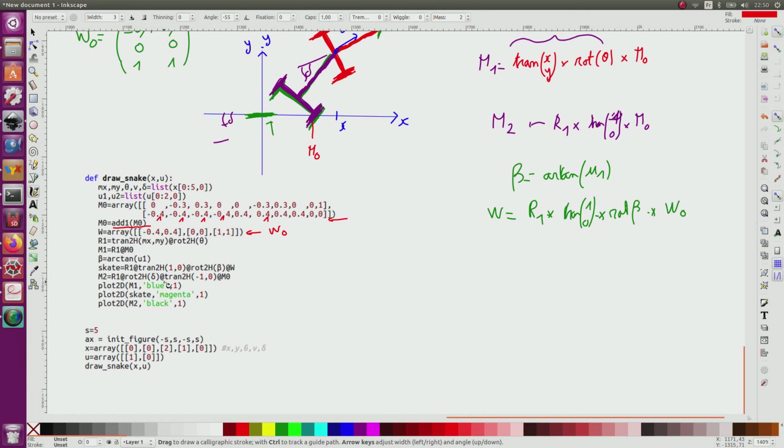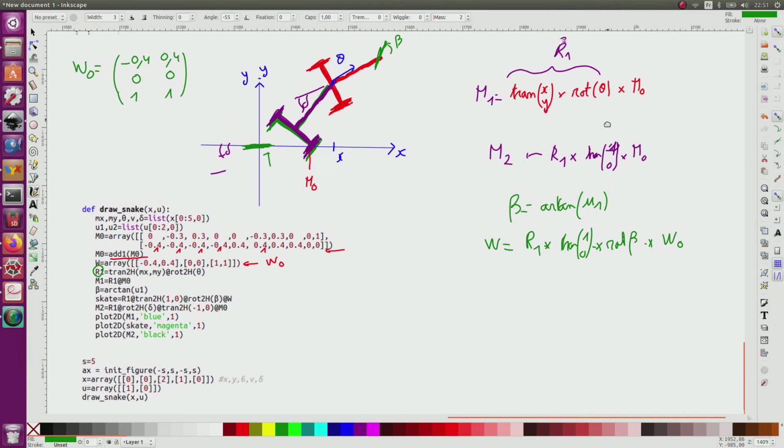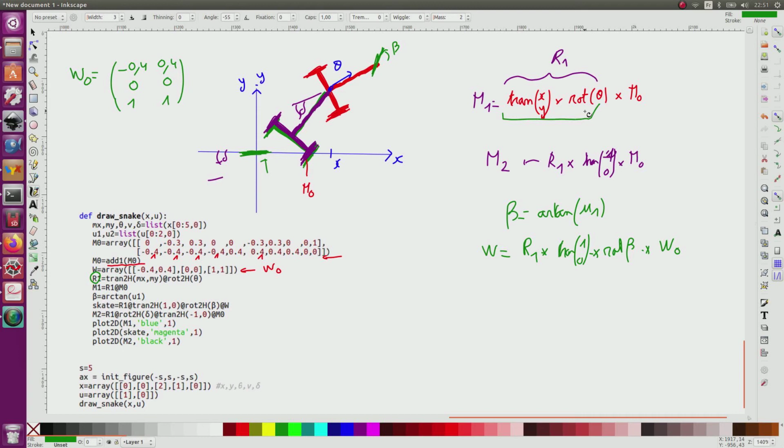We can recognize that the matrix R1 corresponds to this matrix given here. Then M1 is the initial sketch multiplied by R1. Here the angle beta. Skate here corresponds to the W here. And M2 corresponds to the transformed sketch associated to the second car.